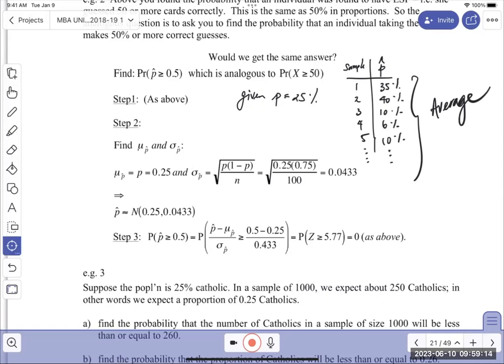On average, if I was to average all of these, then p, which is the true proportion, in other words, for all possible samples, theoretically, the true proportion would be 25%.